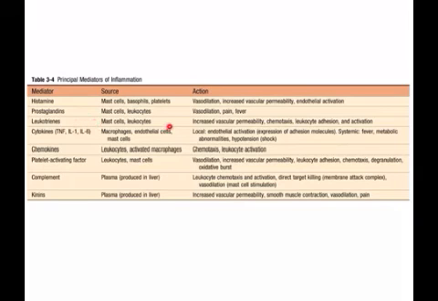Leukocytes particularly release leukotrienes in case of acute inflammatory reactions such as asthma, and they cause increased vascular permeability. They lead to chemotaxis, meaning movement of neutrophils and macrophages from the blood vessels to outside the blood vessels, and leukocyte adhesion and activation.